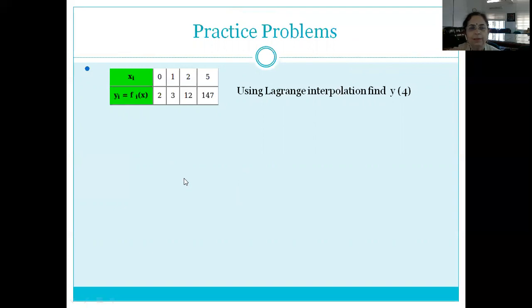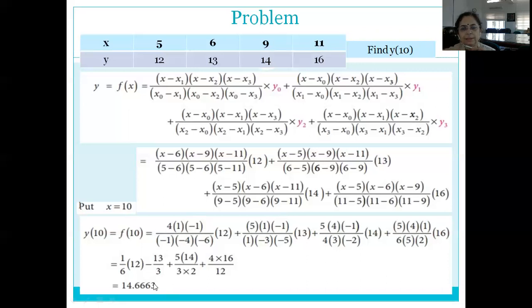And so for improving the accuracy of this result, if we decide to add one more data point, Lagrange's interpolation suffers from a difficulty that the entire calculation needs to be done again.